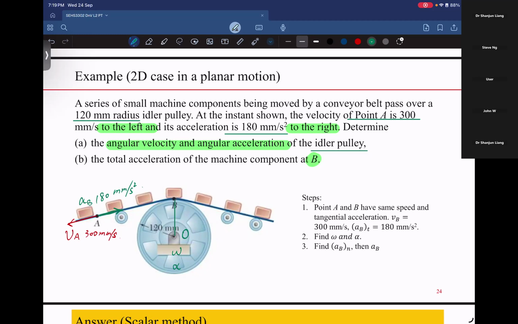you see in this wheel, we have such a relationship. We have VB, the velocity of B, equals omega of the wheel times ROB. ROB is given. So what is VB? VB and VA are on the same belt.